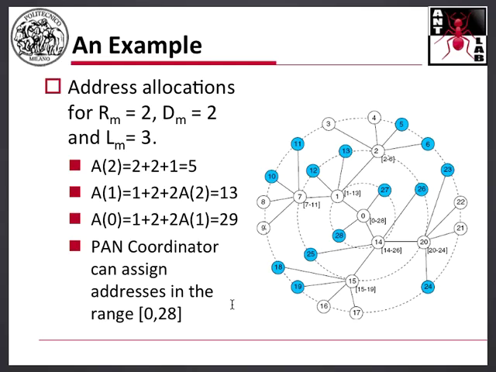A0 means how many addresses are needed in the network. So at layer 0 of the tree, which is at the ZigBee coordinator level, you apply the same recursion, in the sense that you can say that the ZigBee coordinator needs to have 2 addresses for its own end device children, plus 1 address for itself, plus all the addresses which are needed to support 2 more ZigBee routers, which are 1 and 14. How many addresses is this?